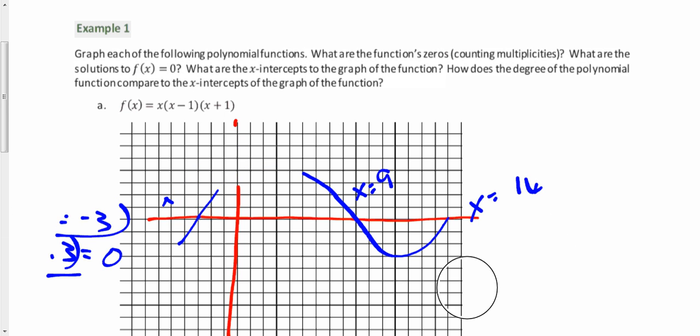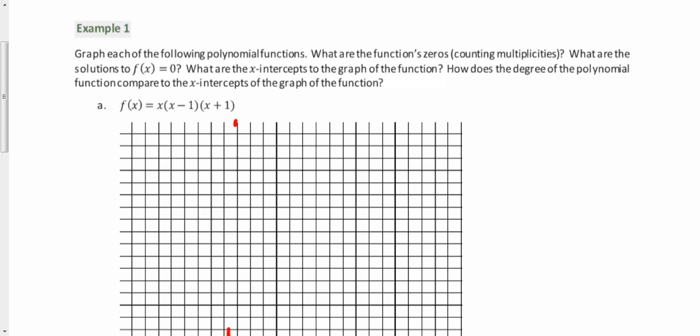We're going to erase this. What are the factors? Now we're at example 1. What are the factors of this polynomial? That's a factor, right? What do factors equal? x equals 0. That's a factor. How about x minus 1? That's a factor, right?